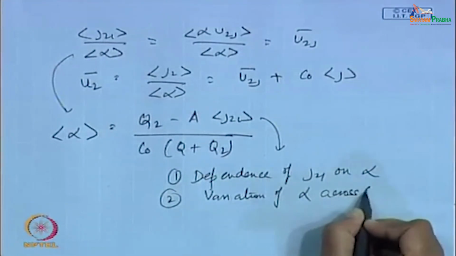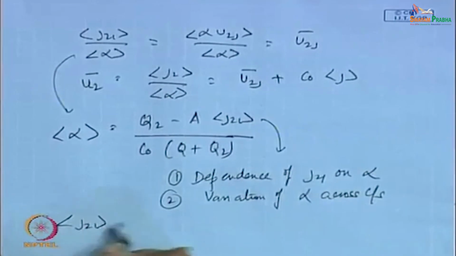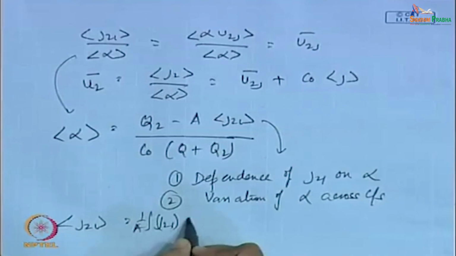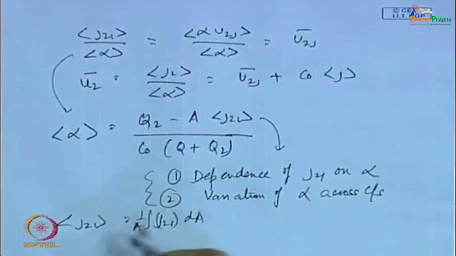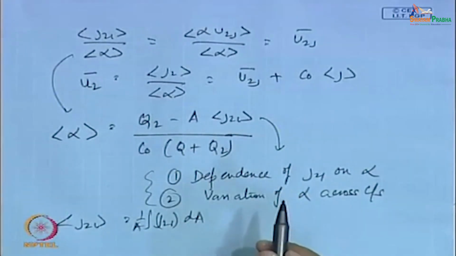If you know these two things, then, because this J21 is nothing but 1 by A integral of J21 dA, you have to find out two things. One is how J21 depends upon alpha, and how alpha varies across the cross section. If these two data are known, your J21 can be easily found out.